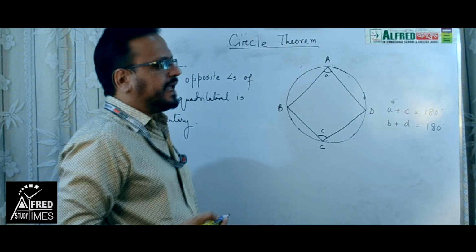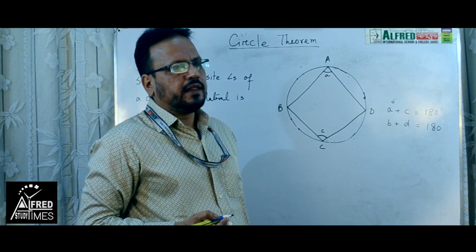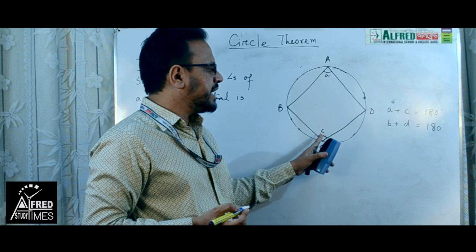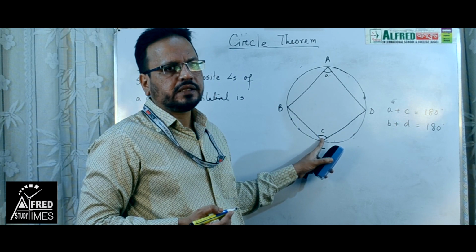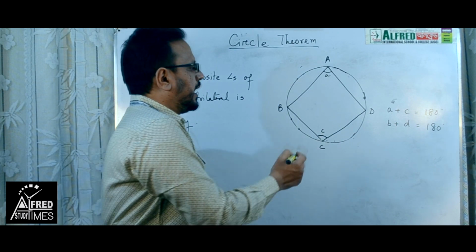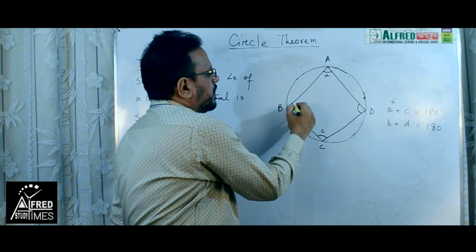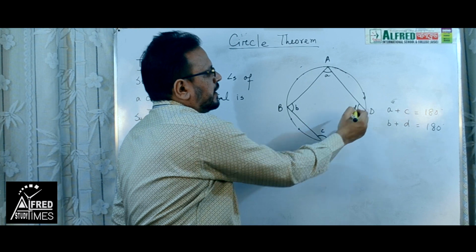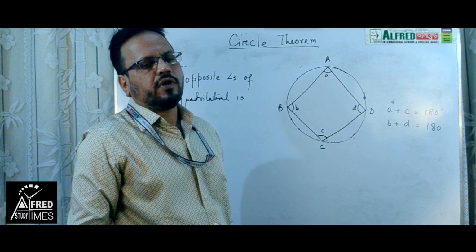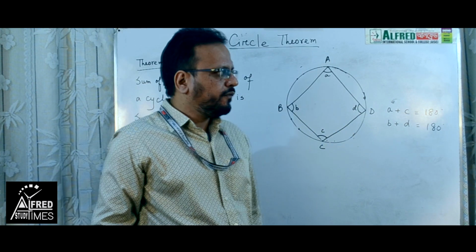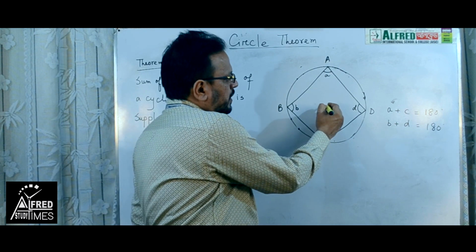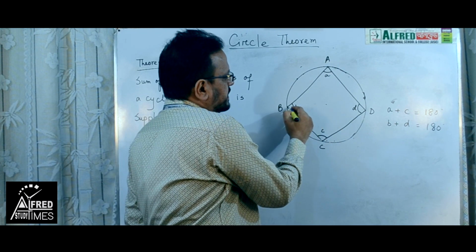So A plus C is 180 degrees, because the sum of the opposite angles of a cyclic quadrilateral is supplementary. Again, B plus D is equal to 180 degrees, for the same reason. If you want me to prove this, let me prove it. The proof is very easy.